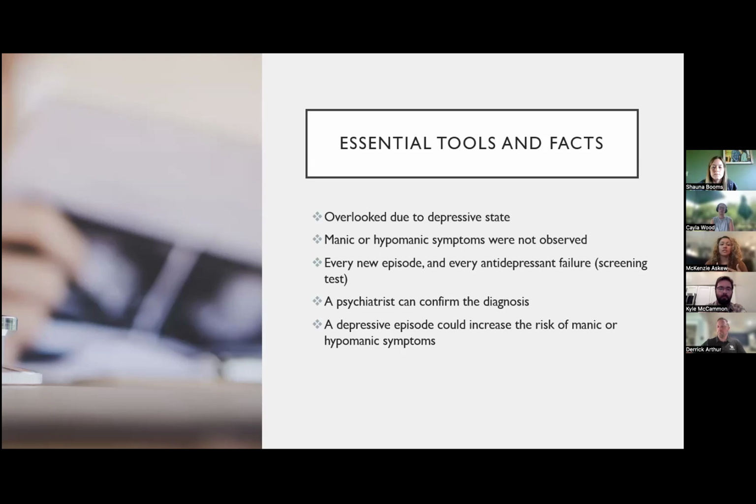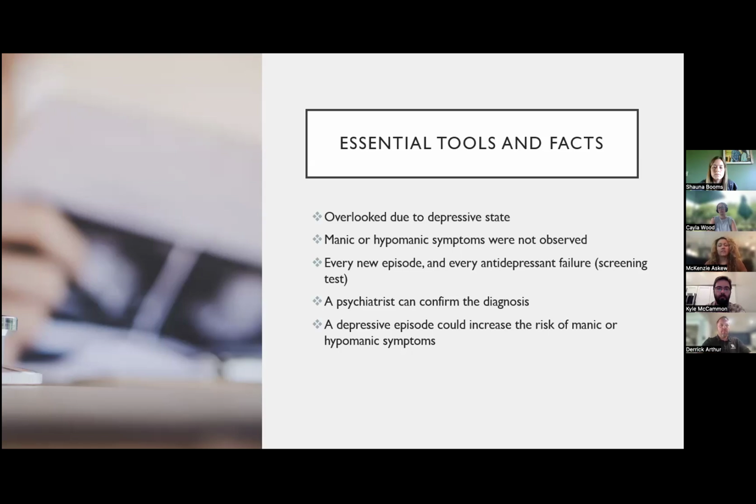So, once it comes to an understanding that there's a possibility of it being a bipolar disorder, the client could ask for more screening tests, more tests to be done to observe every new episode with an antidepressant failure. And once that's accomplished, a psychiatrist can go back through the diagnosis and confirm that with the depressive episodes, it could increase the risks of manic or hypomanic symptoms.